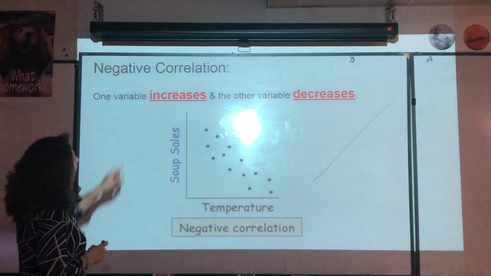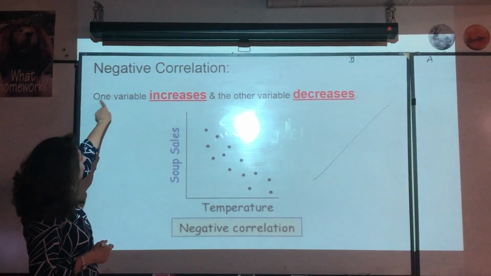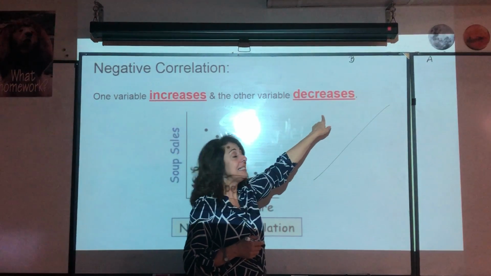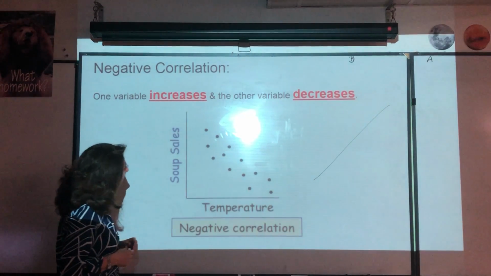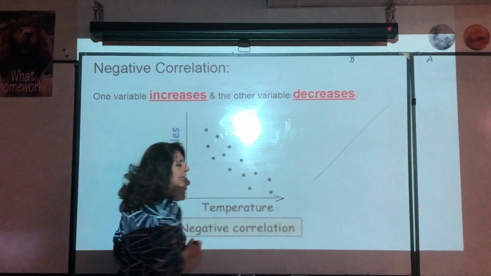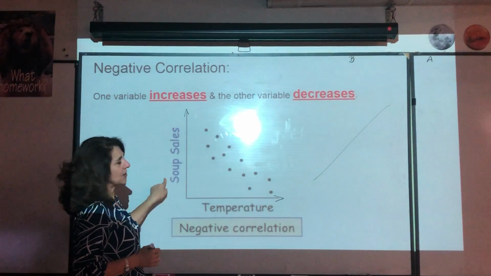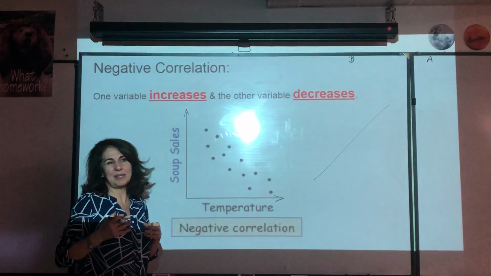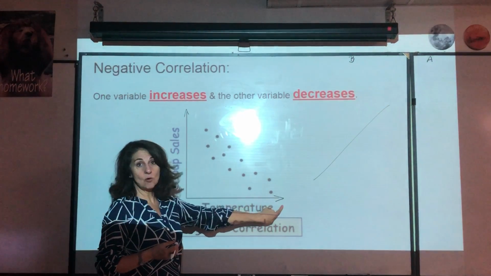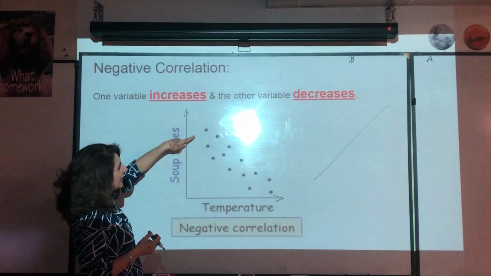Then we have here a negative correlation. A negative correlation is when one variable increases and the other one is decreasing. What do we see here? We see that the temperature is increasing this way, and what is happening with the soup sales? See, the higher the temperature, the more the soup sales decrease.